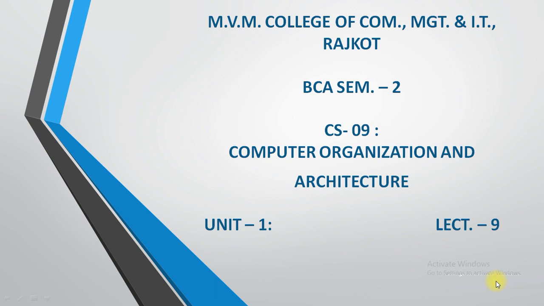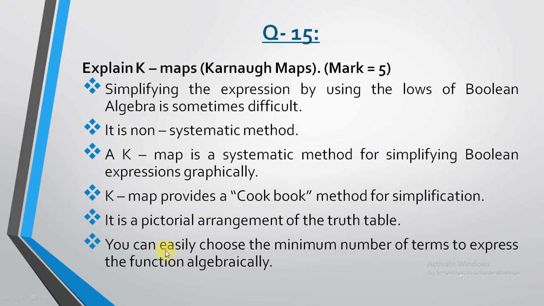So whatever content you place inside the K-map is in the form of tables, and it is very easy to understand the concept of K-map. K-map is also referred to as a Karnaugh map. Let us start with the K-map.